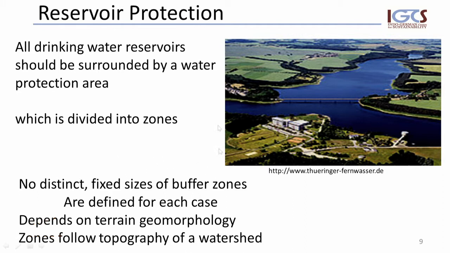There is no specific size or distinct fixed size given for the extent of such buffer zones. They are usually defined on a case-by-case basis, depending on terrain, geomorphology, and the topography of a watershed.